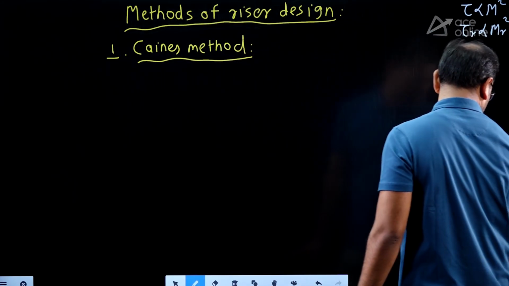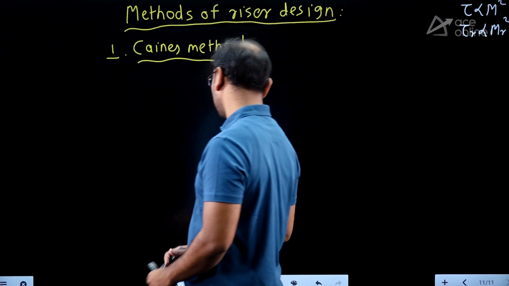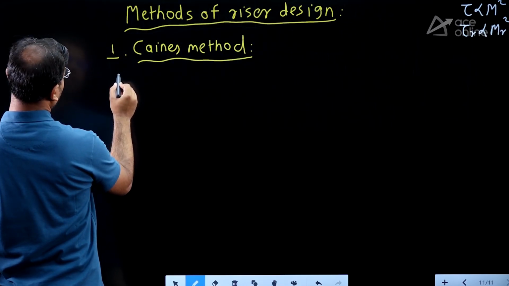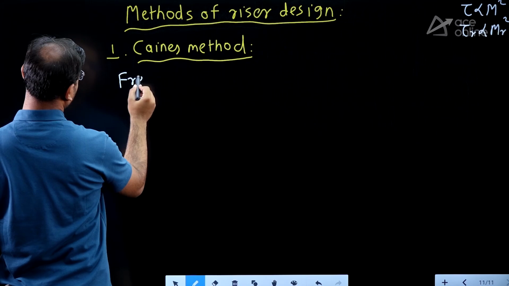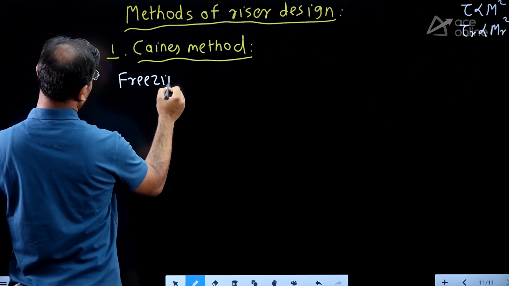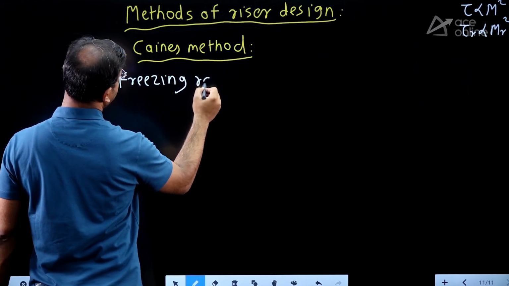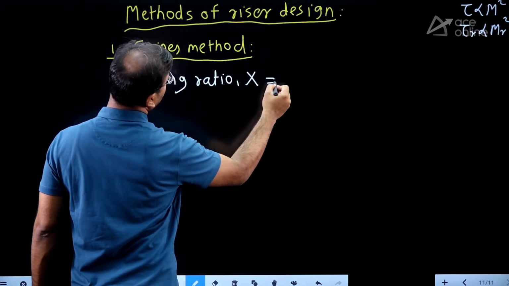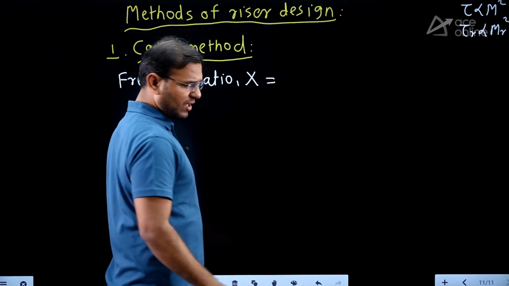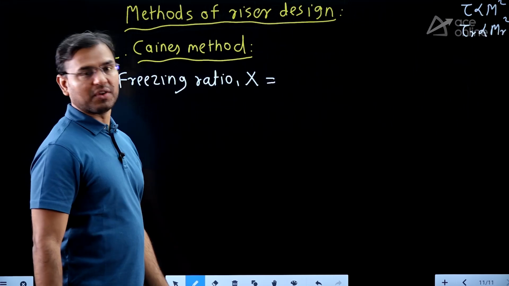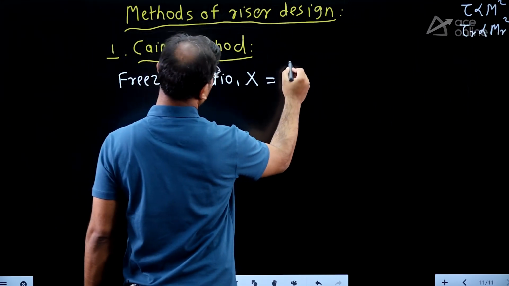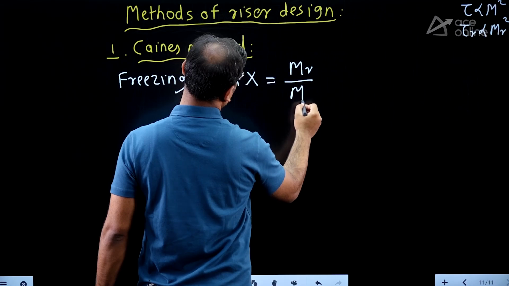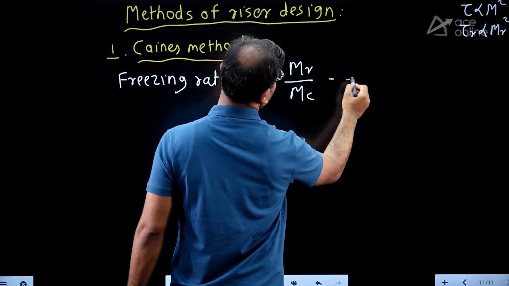And guys, this Keynes method depends on the freezing ratio, and I am writing here the freezing ratio. The freezing ratio is denoted by x, and it is the ratio of moduli: the modulus of riser divided by the modulus of casting cavity.